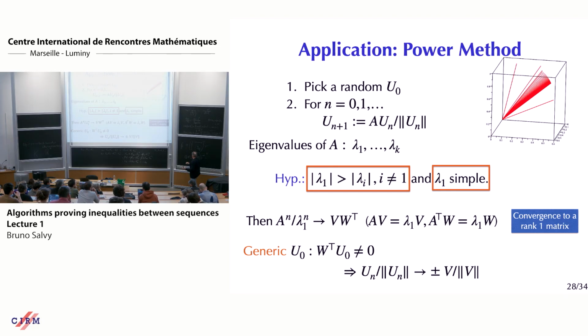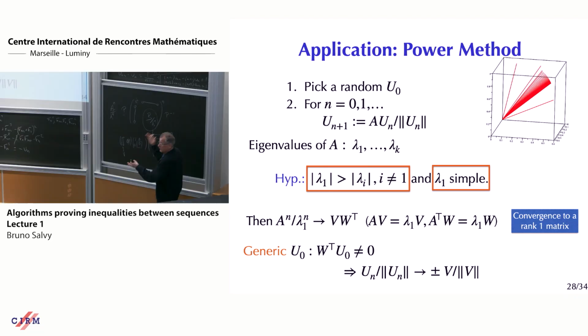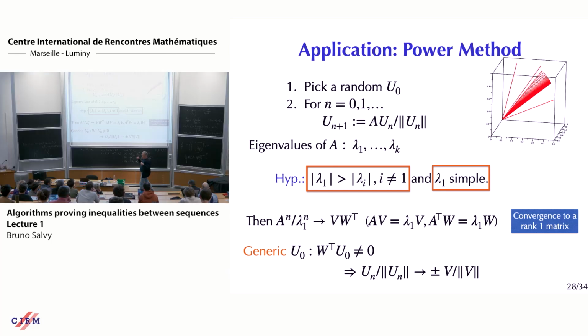So that's V. And here, by transposition, it's the eigenvector for W. And then we're done. So I insist on this, because that's okay, we have a proof.